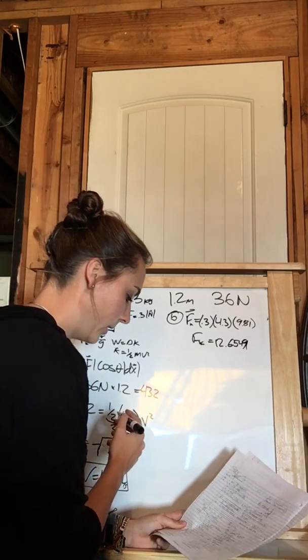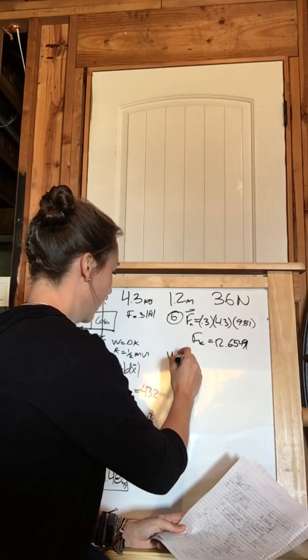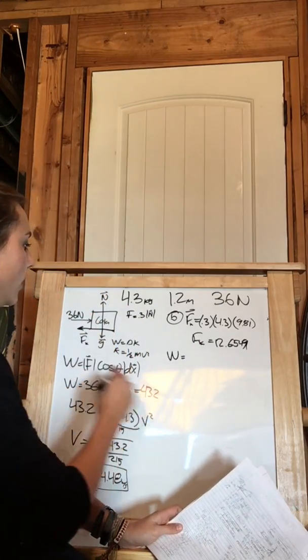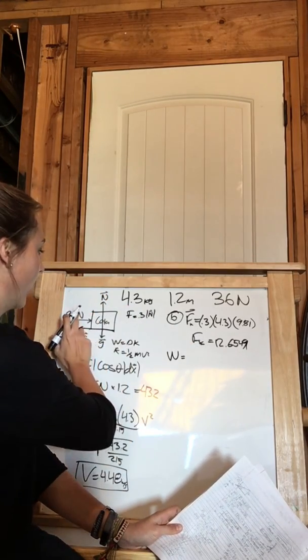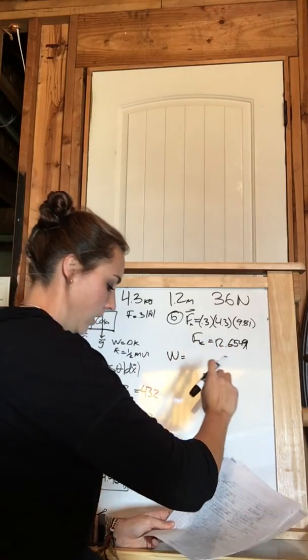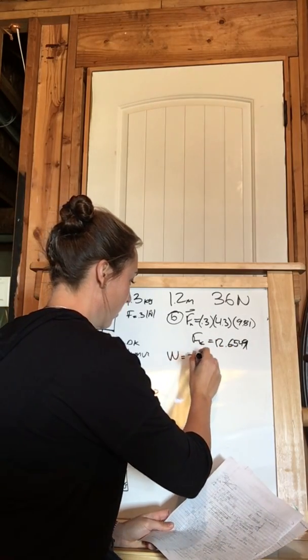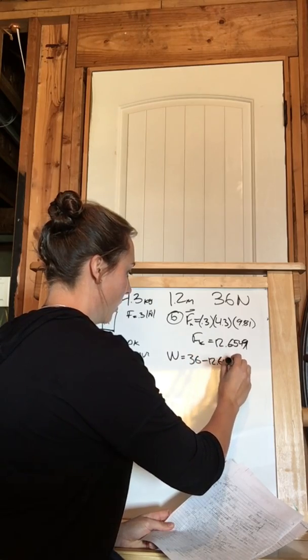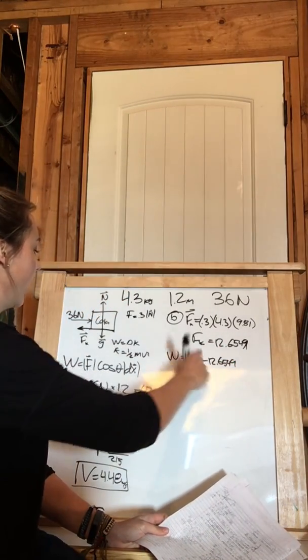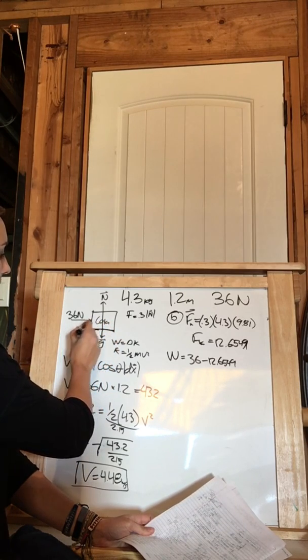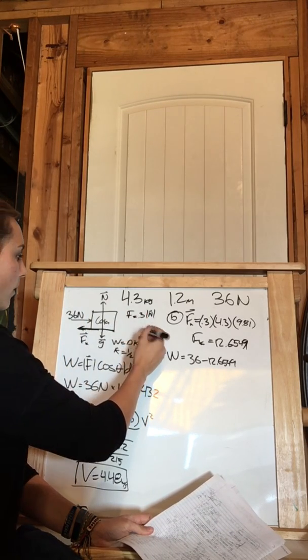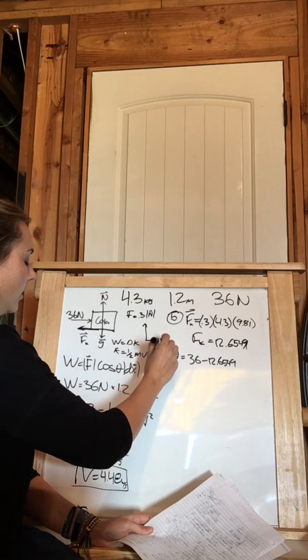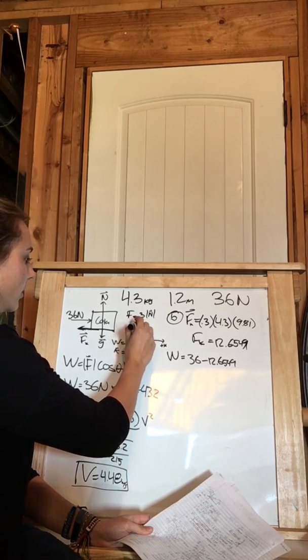So work is going to equal the total force, right? So we're going to have the 36 minus 12.65. And this is a minus because it's going in the opposite direction. So if we have a reference frame right here, this is our positive x and our positive y.